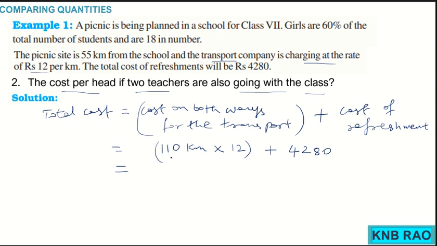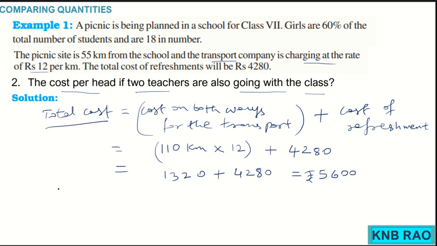Now 12 110s are 1320 plus 4280. Now this is 5600 rupees, the total cost.